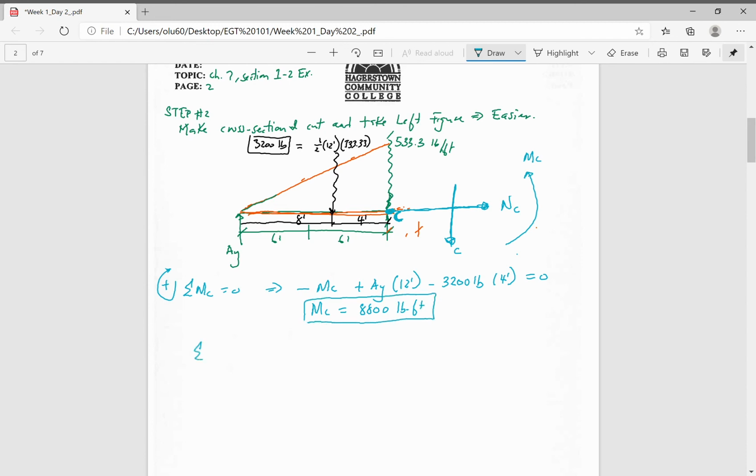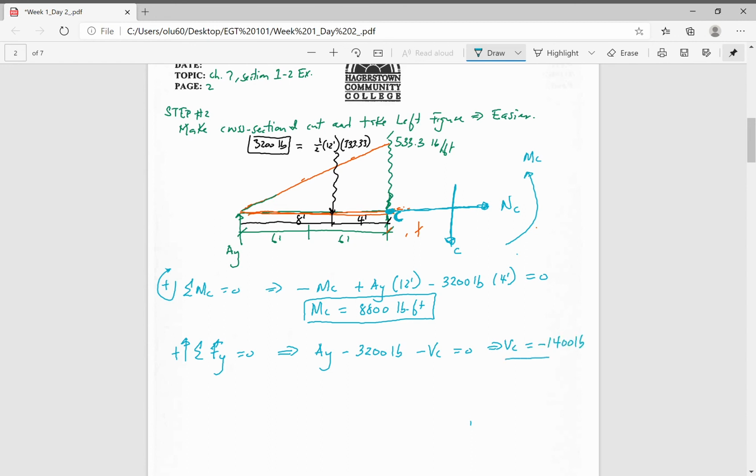Now the sum of forces in the Y direction equals 0. You have AY minus 3,200 pounds minus V sub C equals 0. V sub C happens to be negative 1,400 pounds.